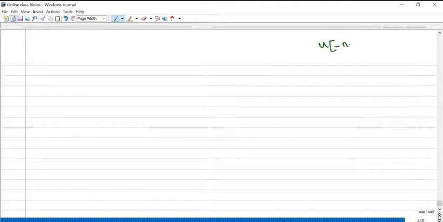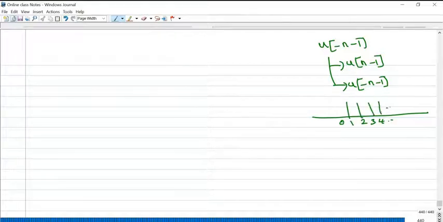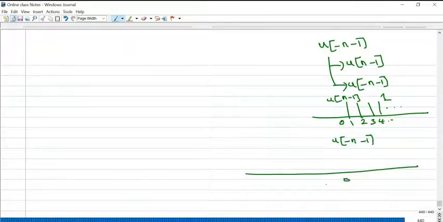u of minus n minus 1. First, do the time shift. That is the best method for you. And then time reversal. So u of n minus 1, 0, 1, 2, 3, 4, up to infinite. This is u of n minus 1. Now take time reversal, minus n minus 1, then minus 1, minus 2, minus 3, up to minus infinite. The value is 1.